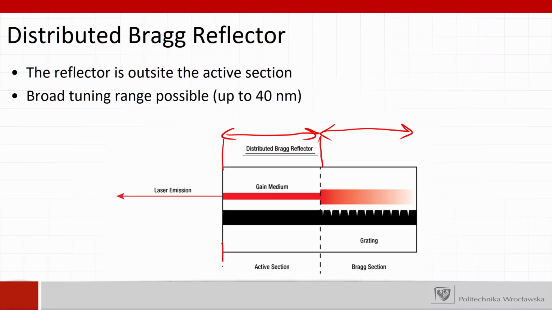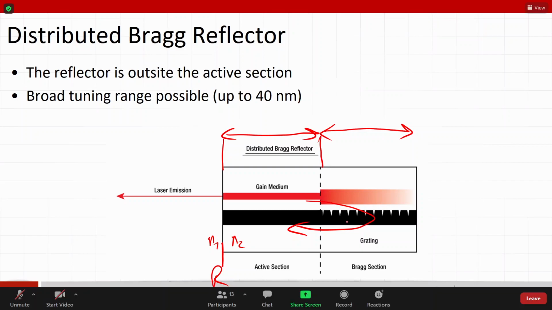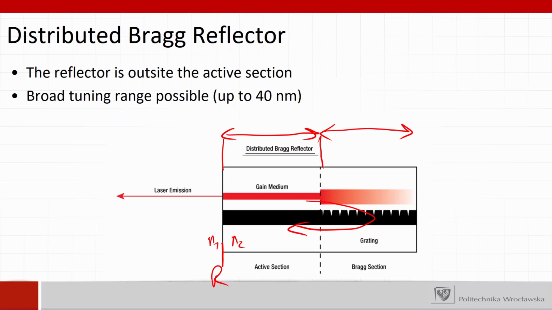On one end, we have just the reflectivity from the border between two different refractive indices. And on the other end, we have the reflection from this grating, from this Bragg mirror. And what we achieve here is a slightly broader tuning range, because we can selectively heat only this part of the structure.